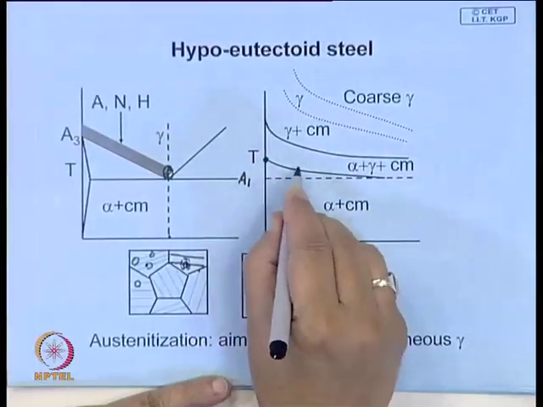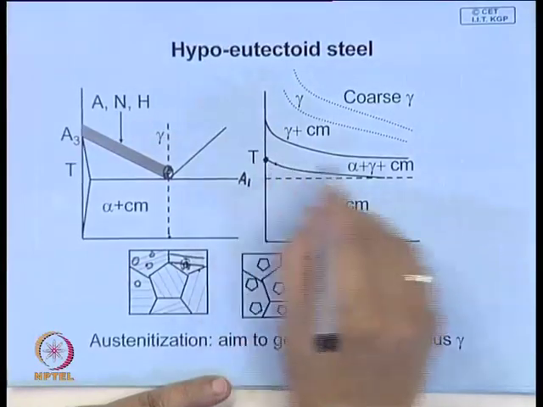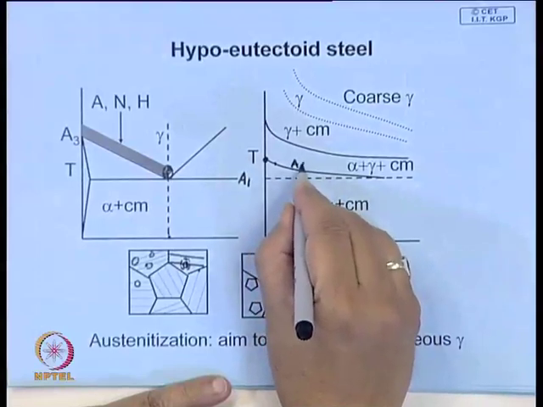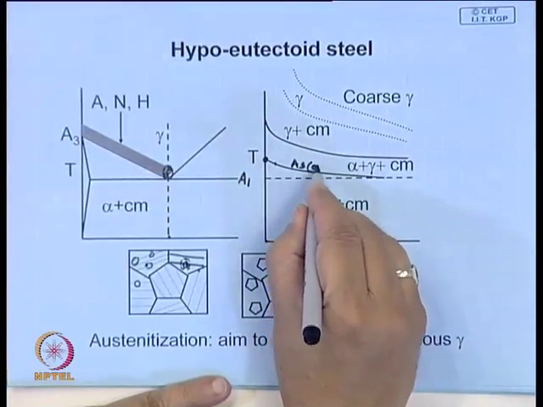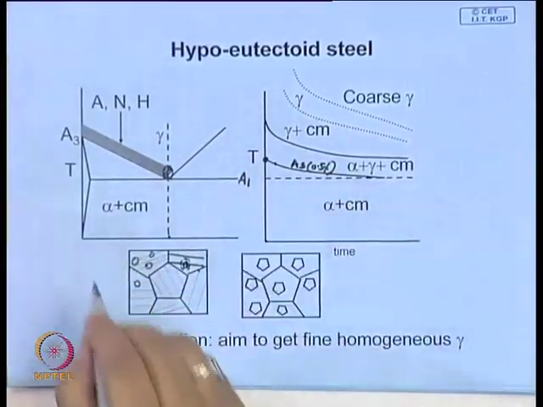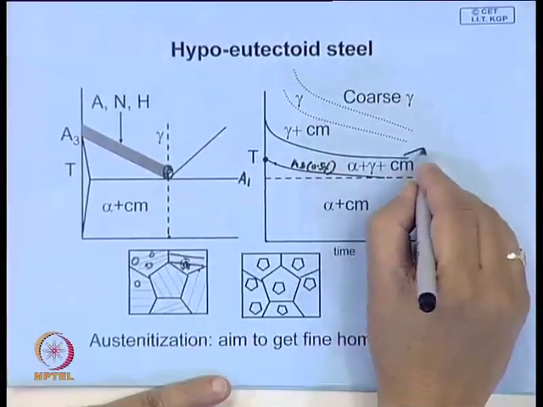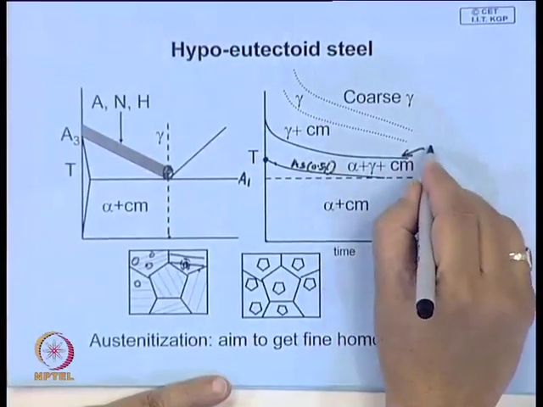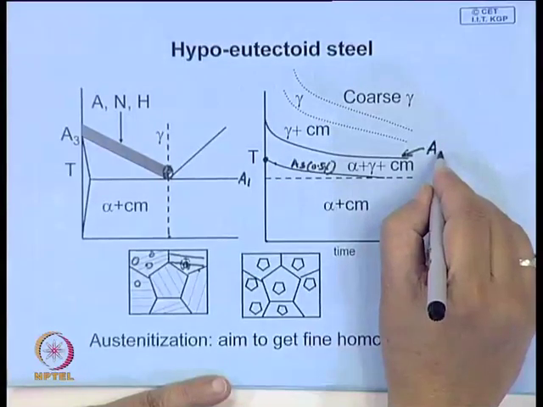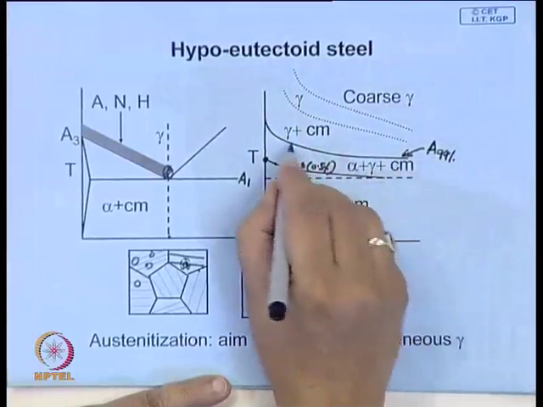For a certain period of time you have to allow, maybe this is the time where this transformation starts. So, you can say this is As, say maybe here around 0.5% austenite has formed in the structure, and with time it will go on increasing, and here you can say nearly 90% or 99% austenite is formed.